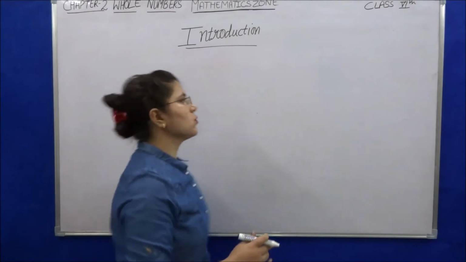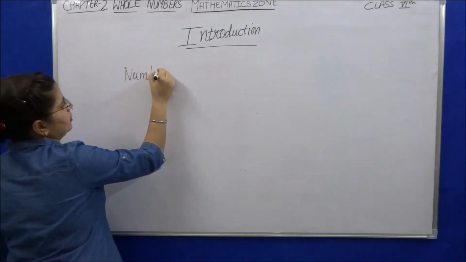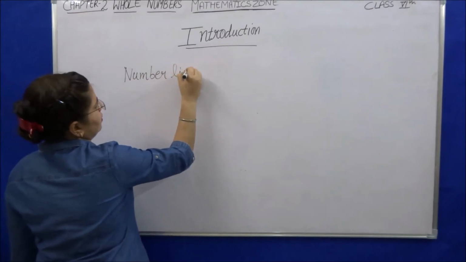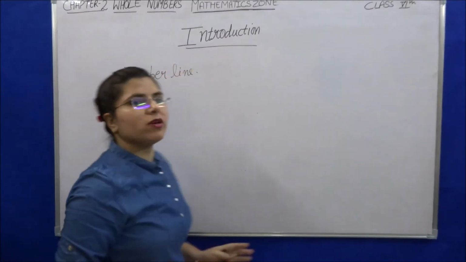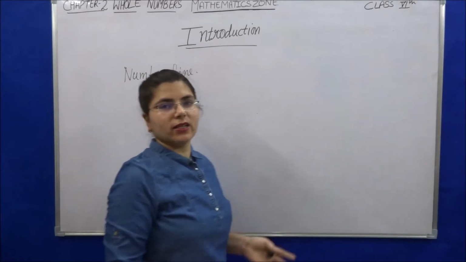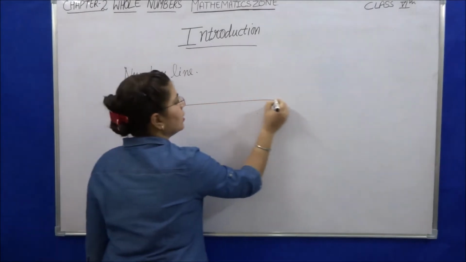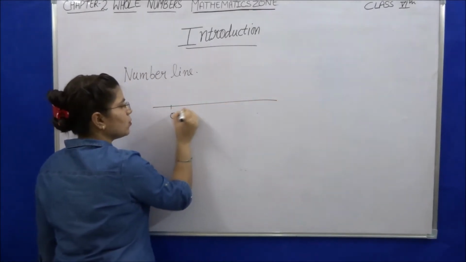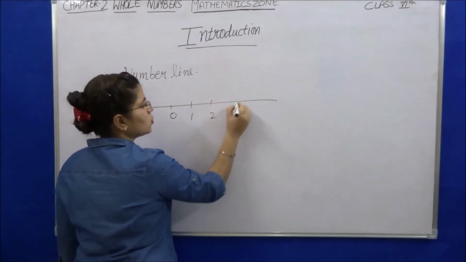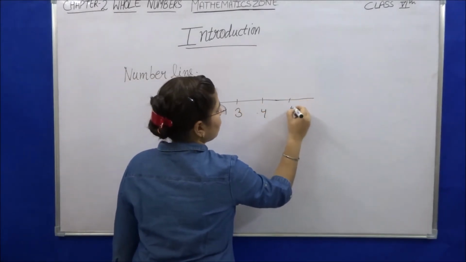Now let us do the next topic, number line. That is how we will represent these whole numbers on a number line by applying the various operations. For example, if we consider a number line 0, 1, 2, 3, 4, 5.